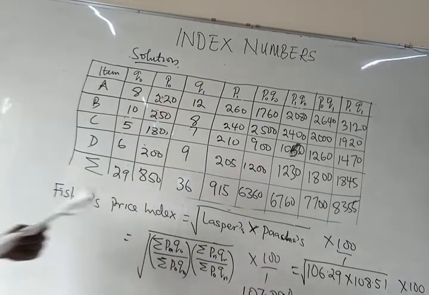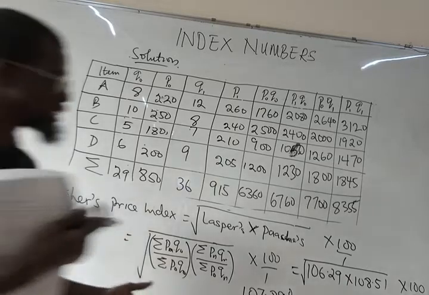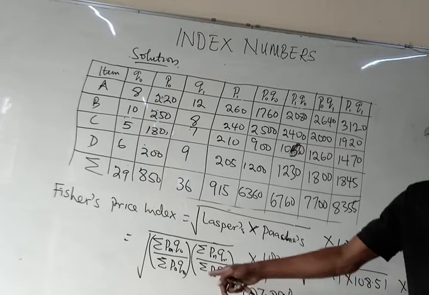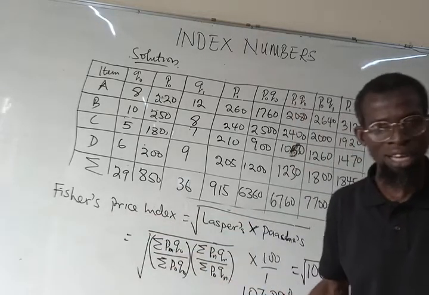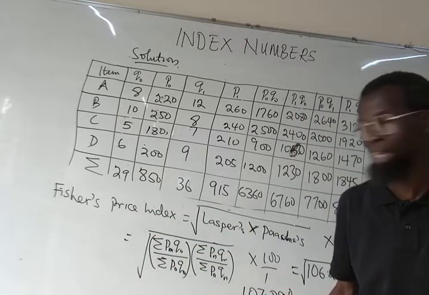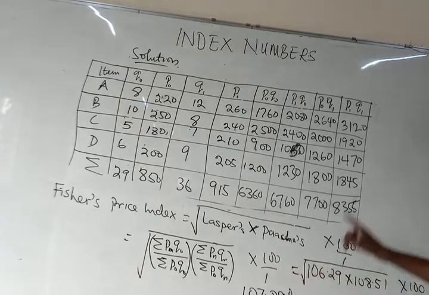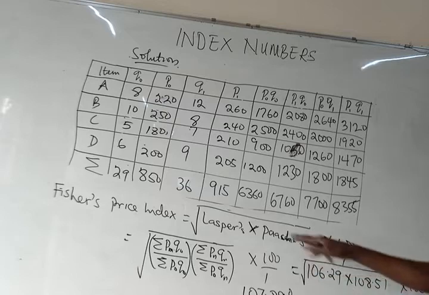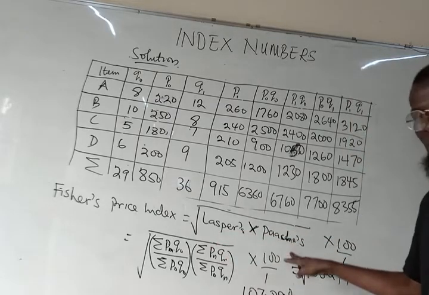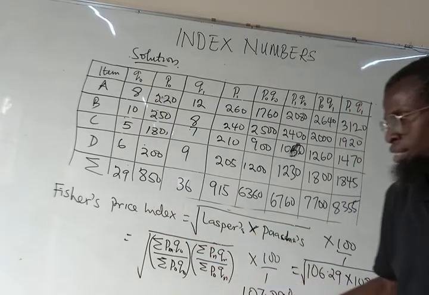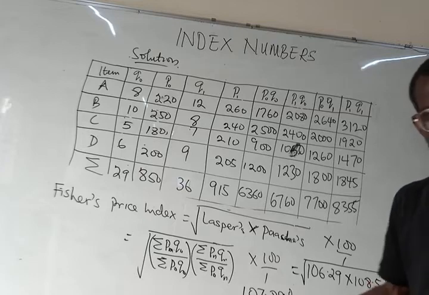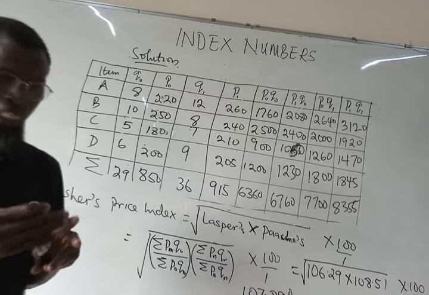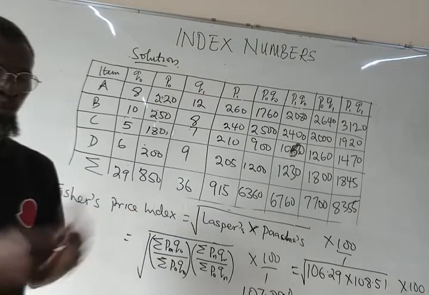You see that it's very, very close. So the discrepancy between Laspeyres and Paasche has been taken care of by the Fisher geometry, and that's why we call it geometry. We're supposed to have the same result as that of the simple aggregate, but we are having different results for Laspeyres and Paasche. But Fisher, a good mathematician, said okay, we can harmonize these differences by taking the geometry of what we have.